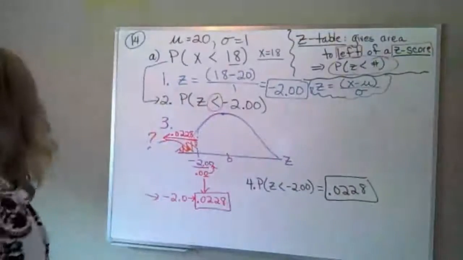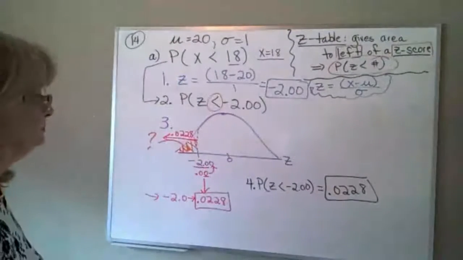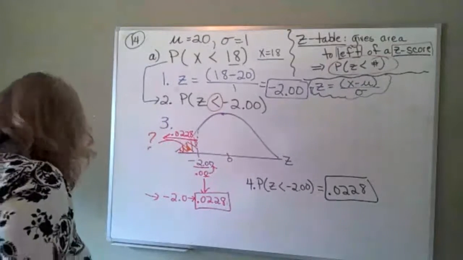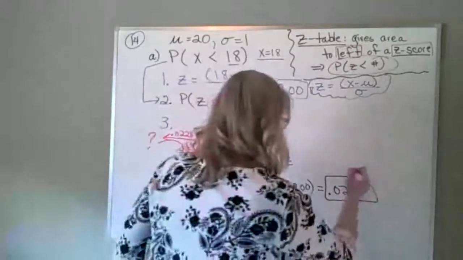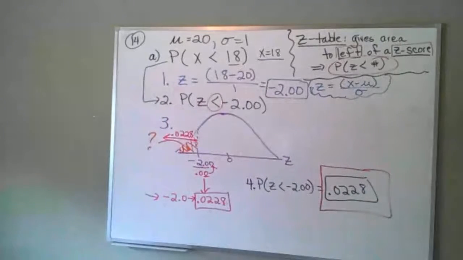And I'll pull the problem back up and we'll check and see if we got the answer right. So this is my final answer right here. Let's make sure we're very clear about our final answer.